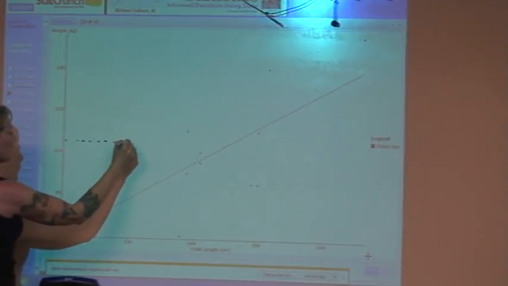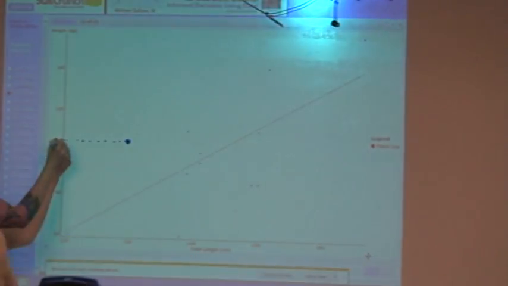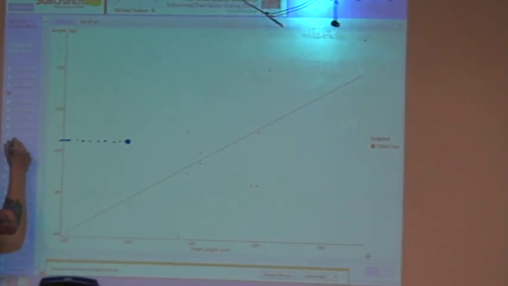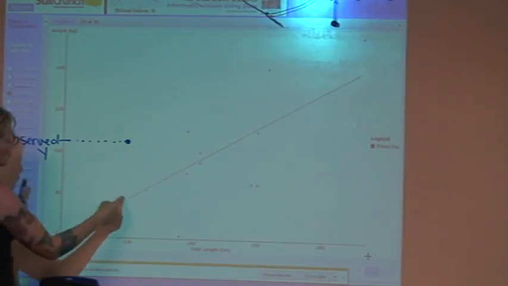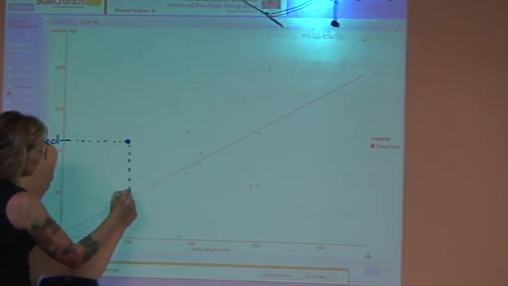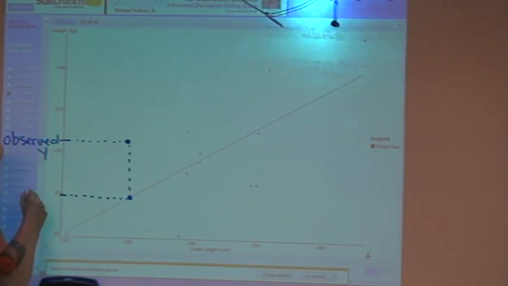So I think we talked about this guy. Right there's a data value. I'll make it nice and big. Right here would be the observed y. Observed because it comes from the data we observed. But at that value of x, it would get predicted by the line, which is here. So there's the predicted y.